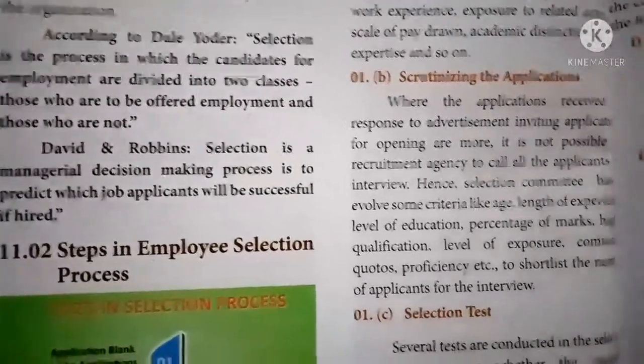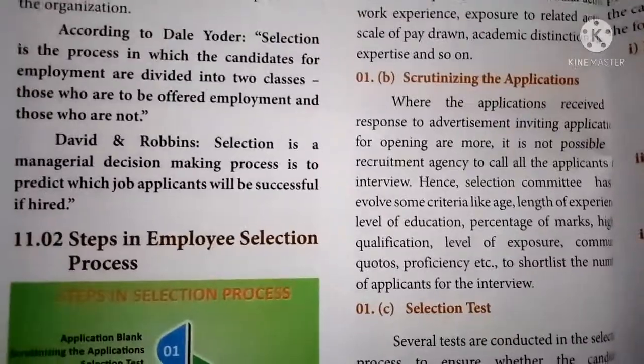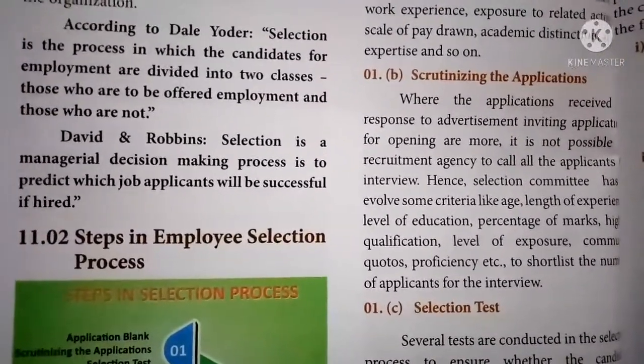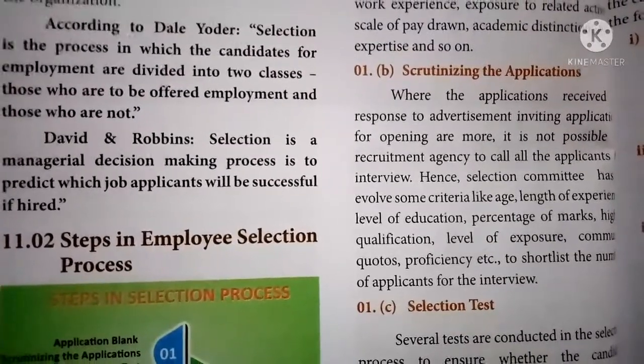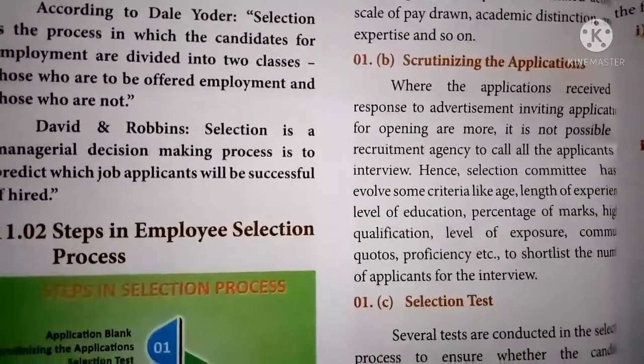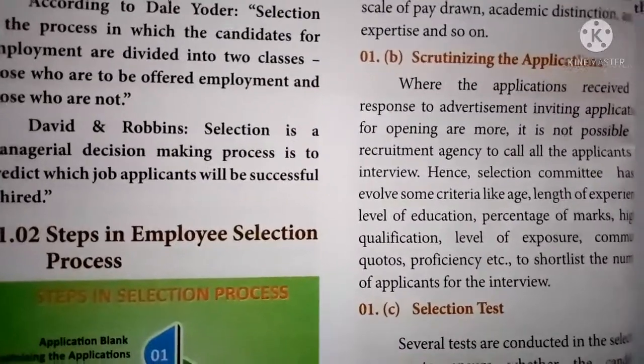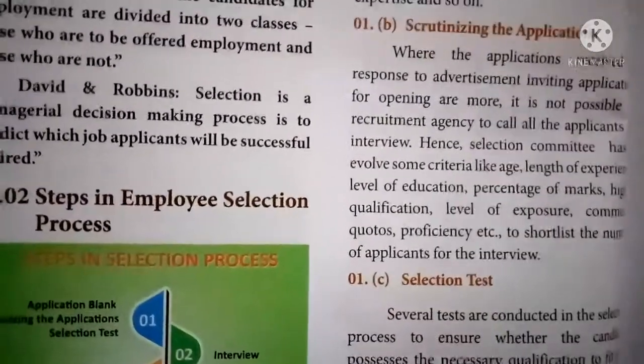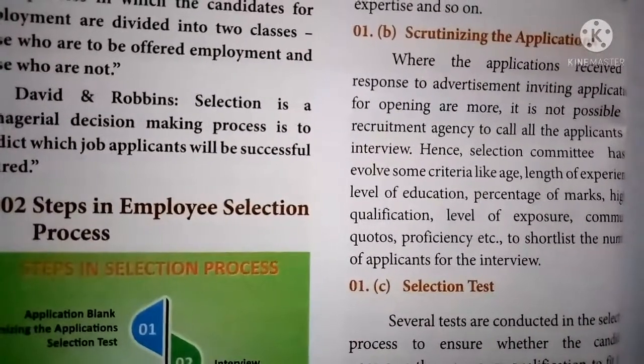So after receiving the applications from the various candidates for the job, the organization will not call all the applicants for an interview. So scrutinization of applications is the second process in the selection of employees.